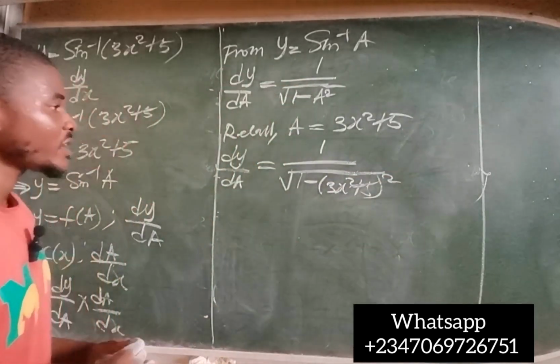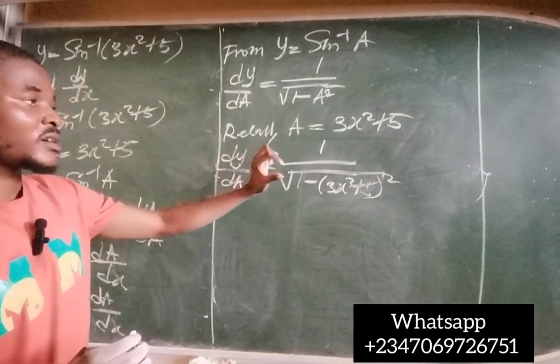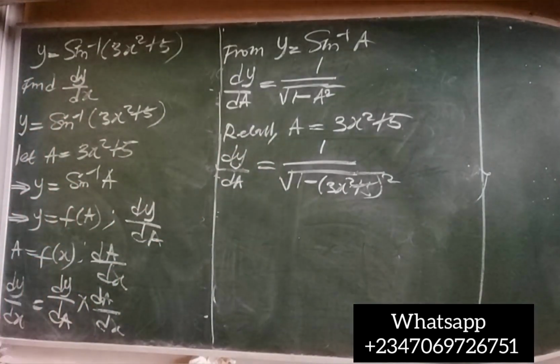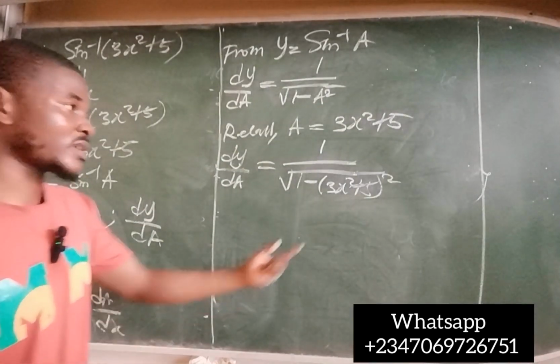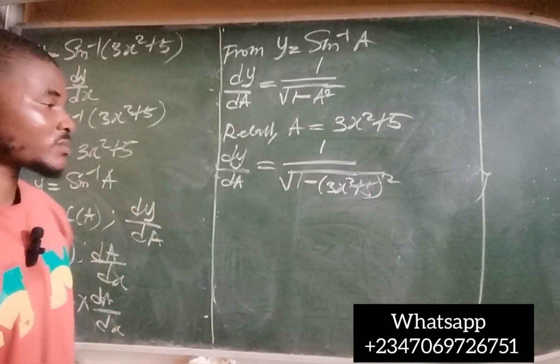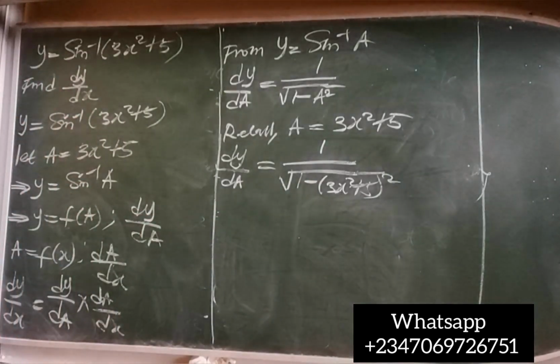So you may choose to leave this particular derivative like this, or if you want to expand the bracket, you can go ahead and expand it, and add the value to 1 or subtract it from 1 to give you a single expression. Okay, all right, so we have dy da to be that.